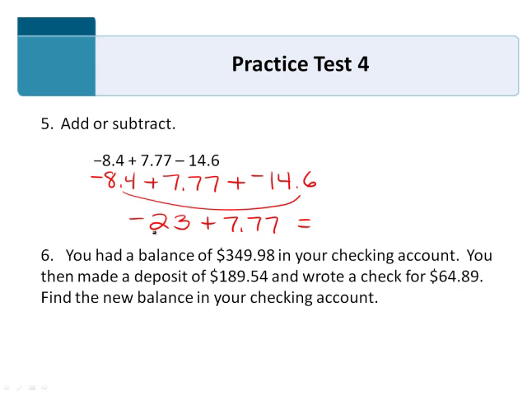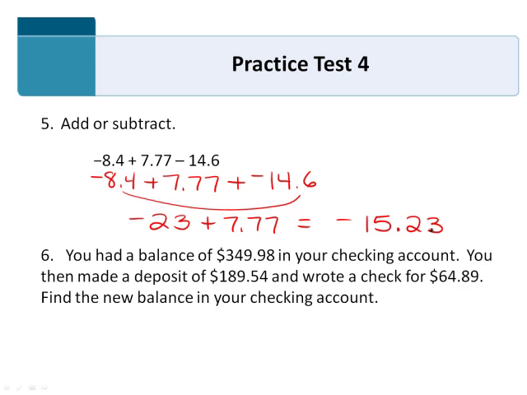Well, the 23 is larger, so it's going to be a negative, and when you subtract, you get negative 15.23. So basically, when you're doing these problems, I'm not putting any signs into my calculator. I am just letting the calculator do adding or subtracting, multiplying or dividing with positive numbers, and I figure out the sign on my own. That's the best way to do it.